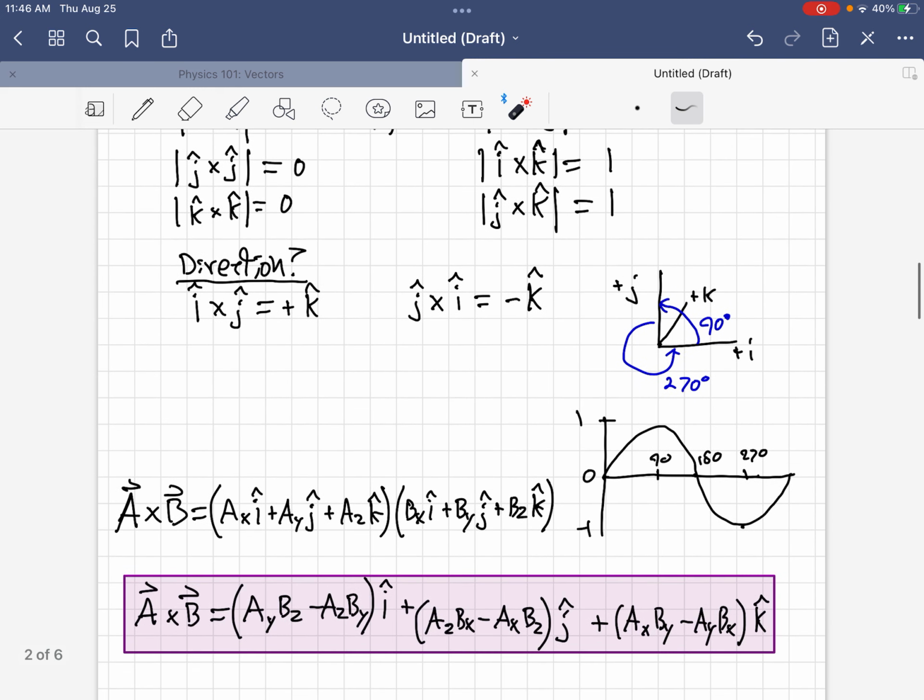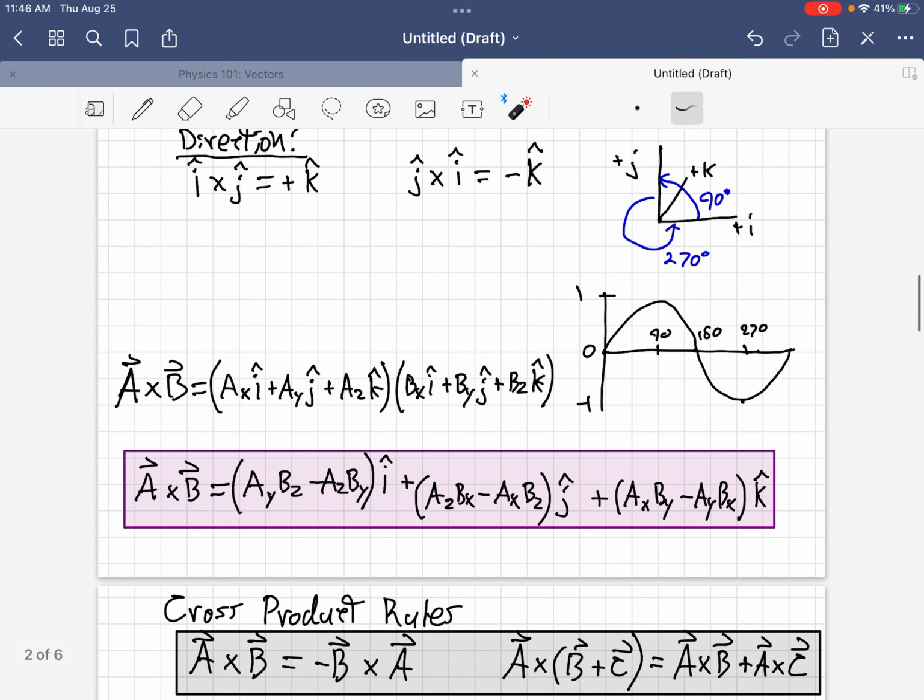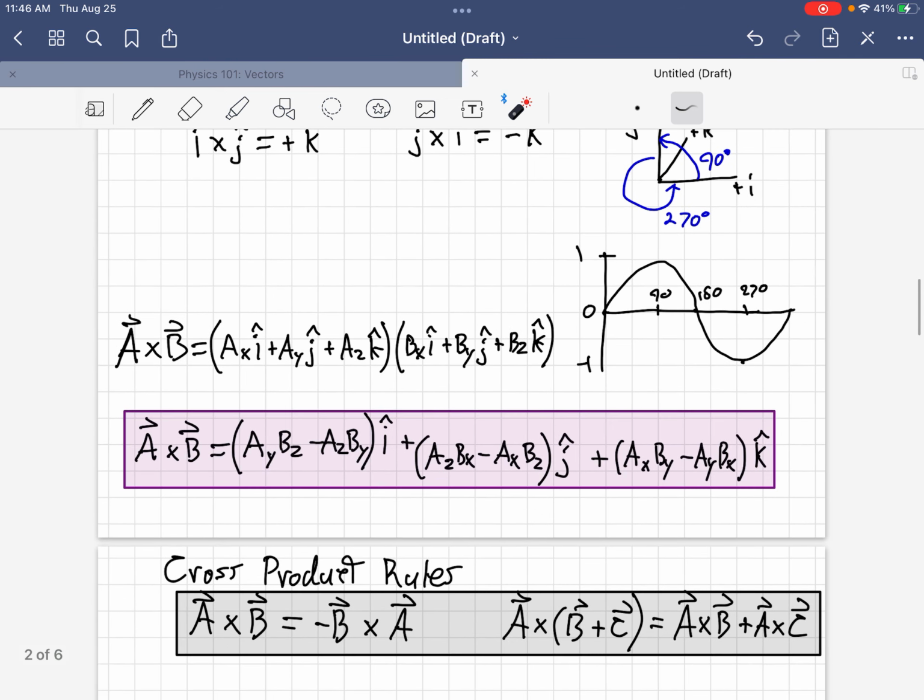Okay, so you can show similar things with I cross k versus k cross I. When you switch the order, the direction reverses. Similar to how we talked about with the dot product, we can think about writing out the components of each vector and then distributing those components, right?